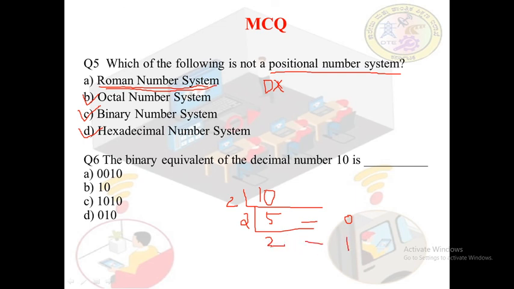Remainder is 1, and we have 2 left. The last step, 2 1s are 2, remainder is 0. So the binary equivalent of decimal number 10, moving up from here, is 1010. Option C is the right answer.